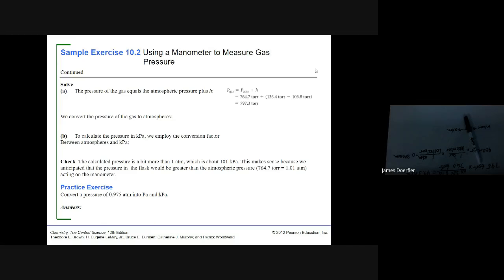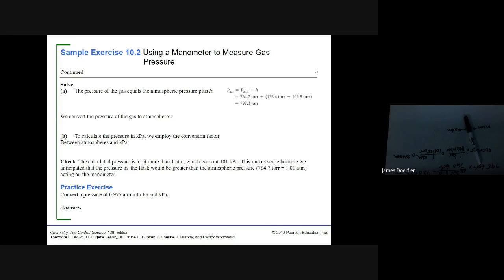You simply take the atmospheric pressure, which they said was 764.7 torr, and add, again, the difference between the two arm lengths. So 136.4 torr minus 103.8 torr.